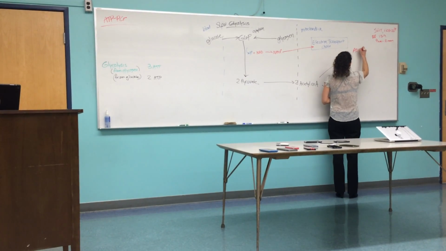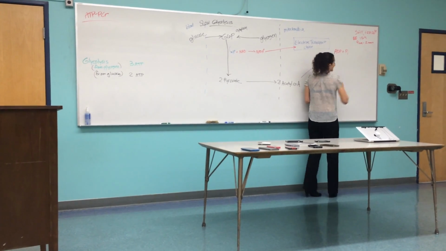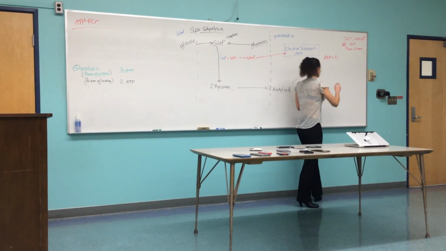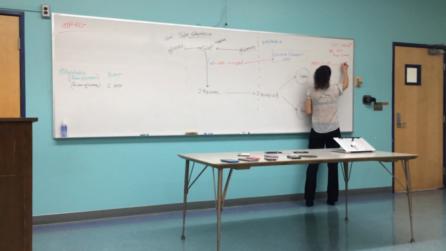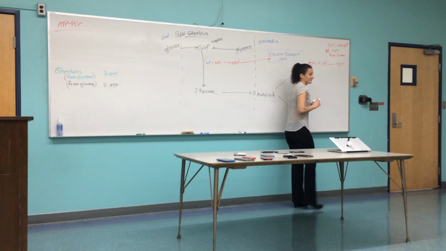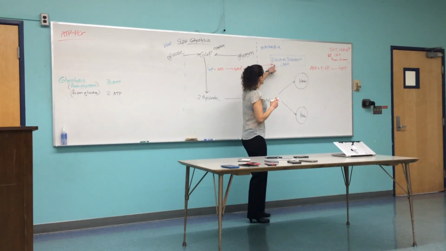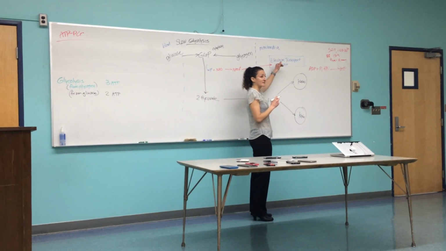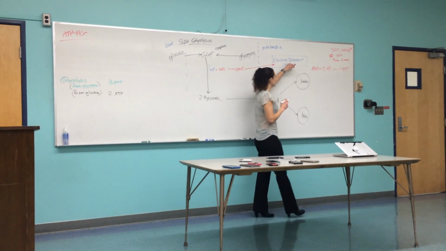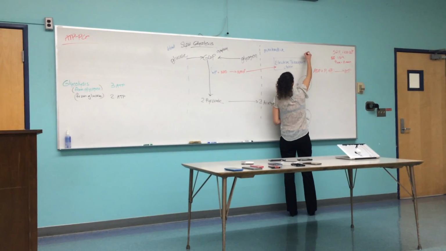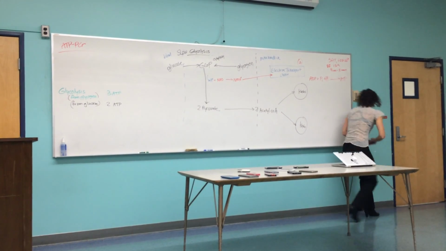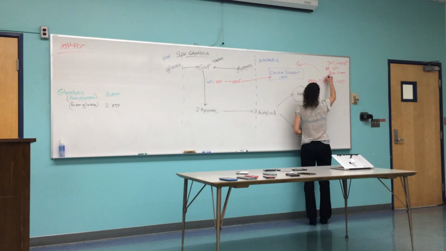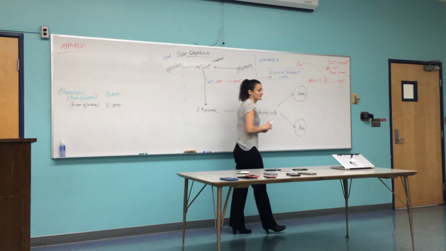We had ADP. Phosphorylating it means we added a phosphate. We needed energy to create ATP. So passing the hydrogen and the electron down the electron transport chain is producing energy, and that energy is going to be used to phosphorylate this ATP.